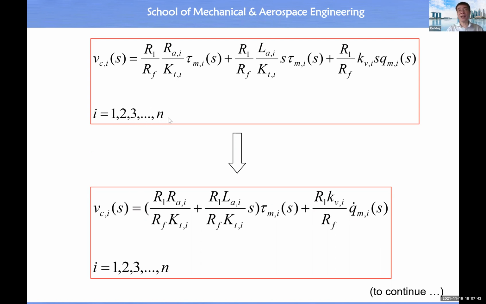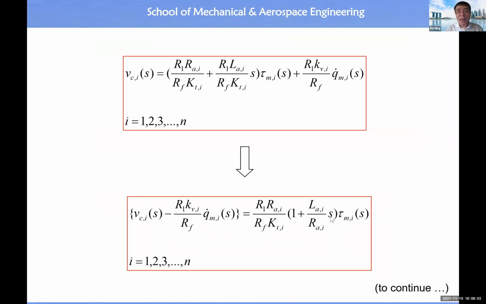For a normal robotic arm, n equals 6. If your robotic arm has 6 degrees of freedom, then n equals 6. All right. So you add these two together, then you see this is a coefficient in front of tau m plus a second term. So you have a first term, second term. Okay. Then we continue from this one. Then we shift this toward the left-hand side, okay?